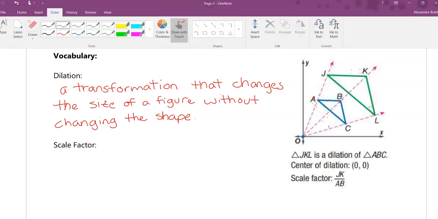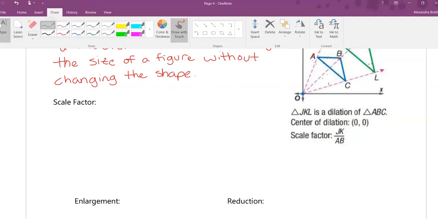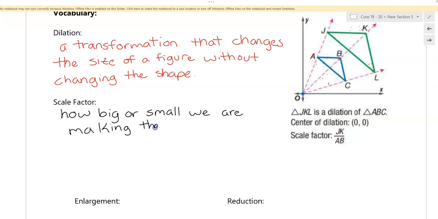Then our scale factor is how big or small we are making the new shape. Okay.